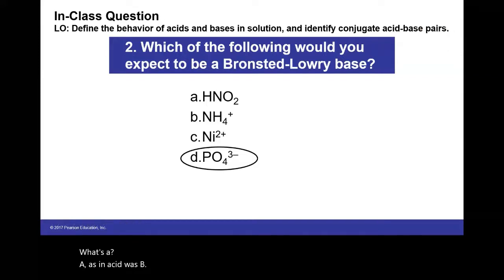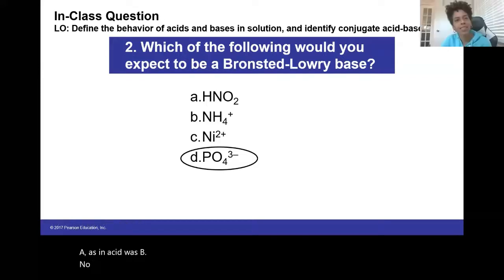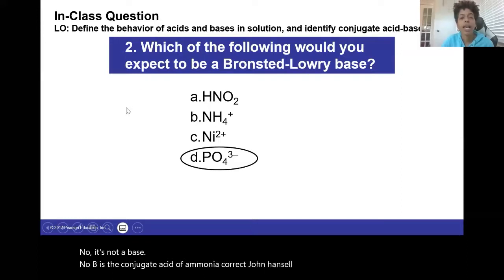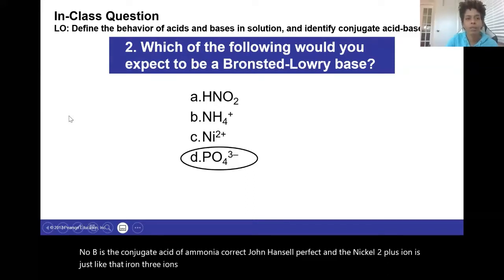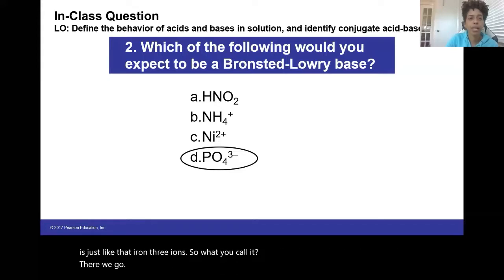Base. No, B is the conjugate acid of ammonia. Correct. And the nickel 2+ ion is just like that iron 3+ ion. So what do you call it? There we go. It's a cation, so it cannot act as a base.